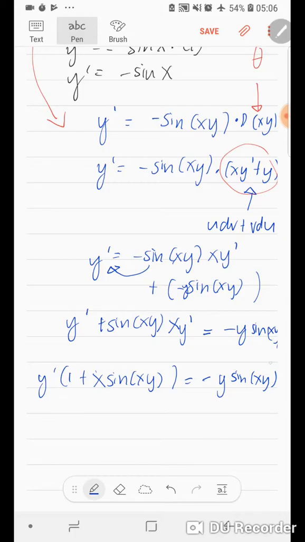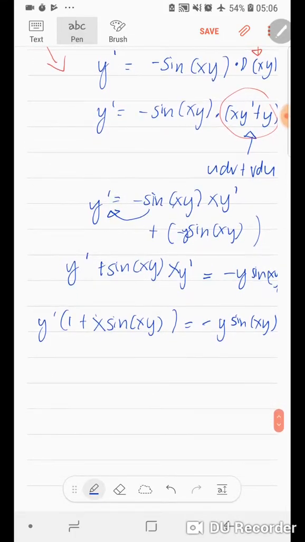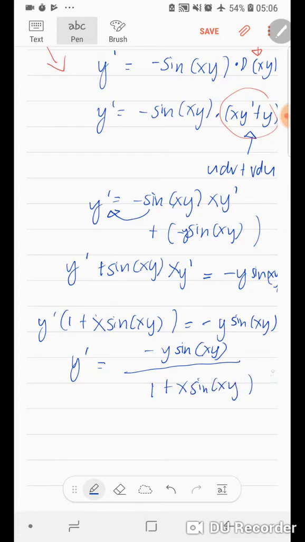And next, y prime is equal to negative y sine xy over 1 plus x sine of xy. So that's how it goes.